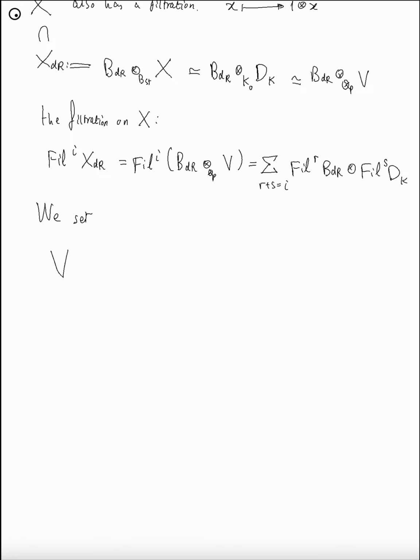So we can construct V_ST over D_ST, defined to be those x, small x, in the tensor product of D with B_ST, such that it is fixed by Frobenius, killed by monodromy, and lies in filtration 0.